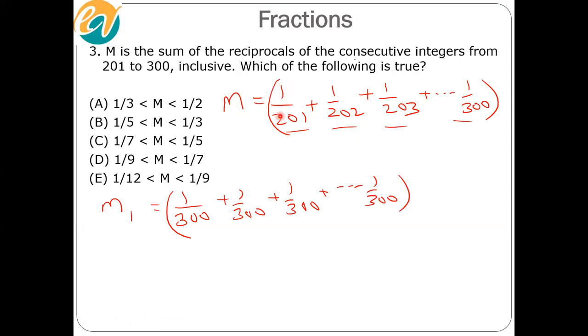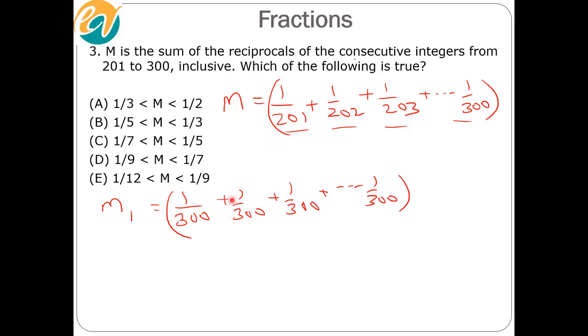I am dividing that cake into 201 pieces. Here I am dividing that same cake into 300 pieces. So obviously dividing into 300 pieces means that each piece would be smaller. Correct? So obviously this is smaller than this.